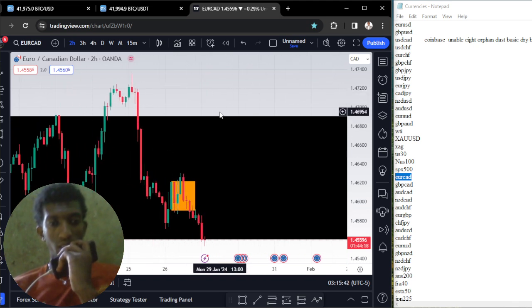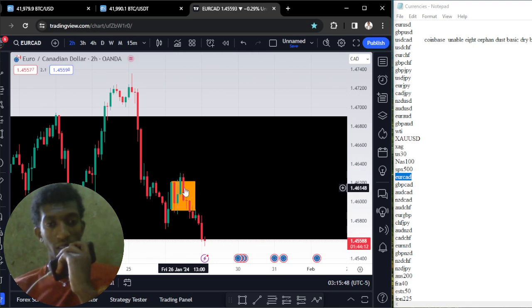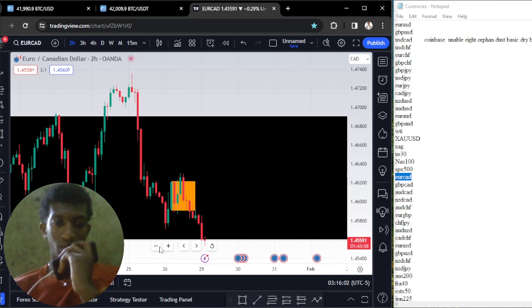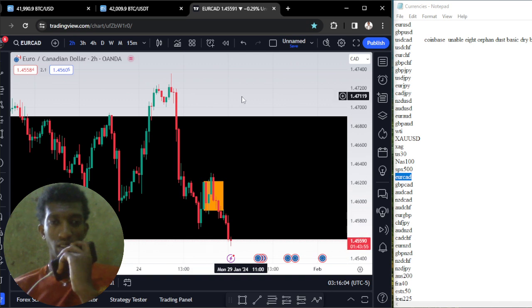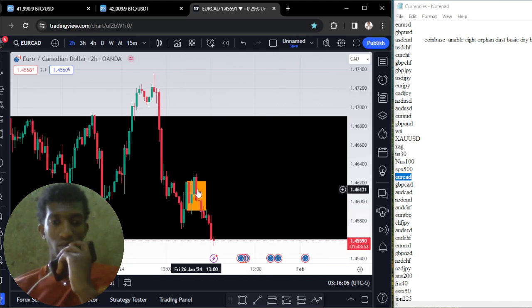This thing, I had bought this thing, but it instantly retraced back, and I sold it down there because this is a single fake out. As you can see, one candle, we had another two candles, we had a third candle, the fourth candle broke out, so that's where I entered, and I immediately got out because of this big candle.